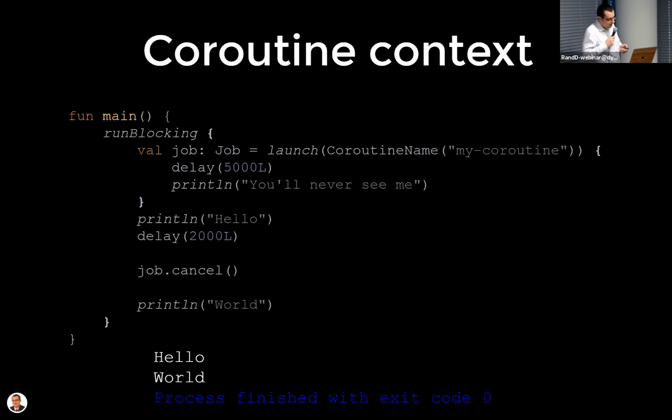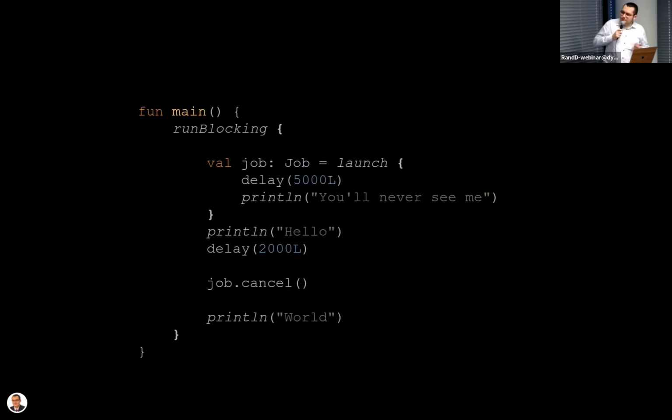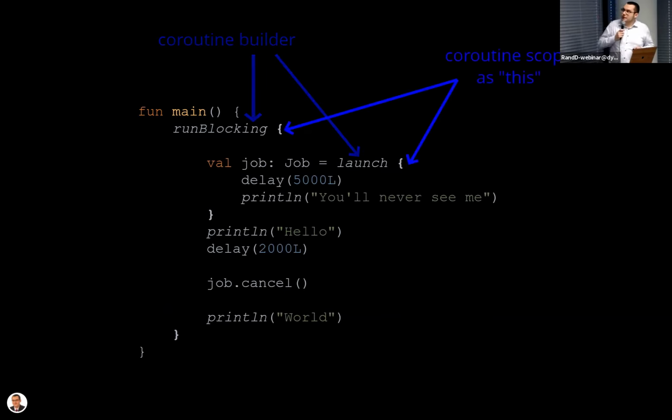because it won't run for long enough to print the log. Okay, so here we have basically the same example, and let's practice a little bit and see what is what here, and sum up who's who in this code example. So here we do have coroutine builders. It's runBlocking and launch. Here we have the coroutine scope, which is within the braces.